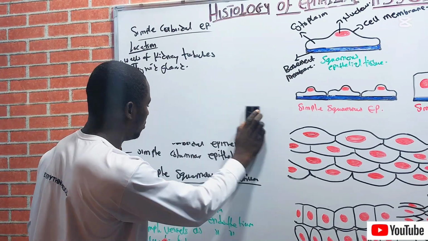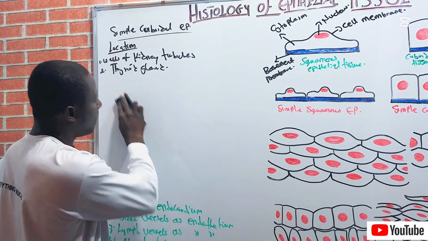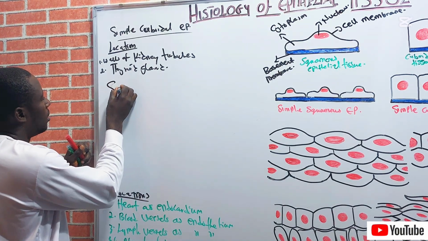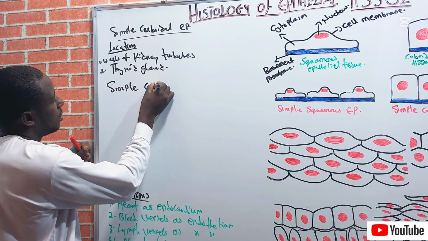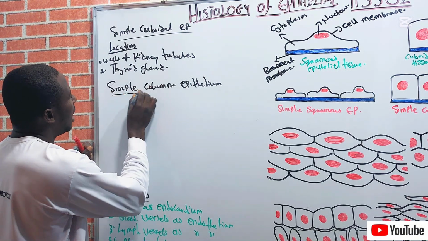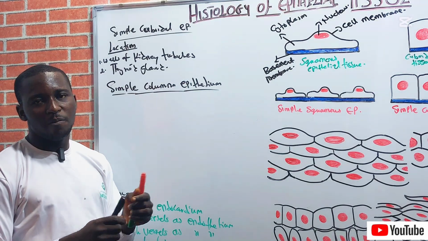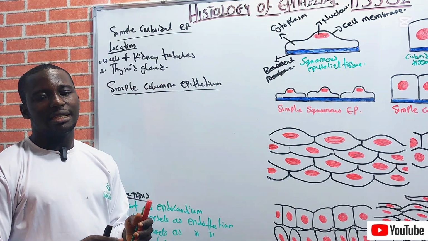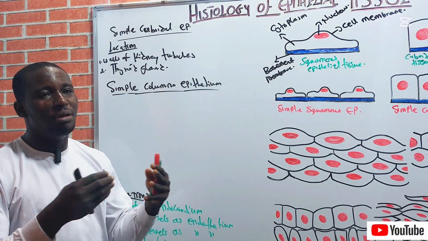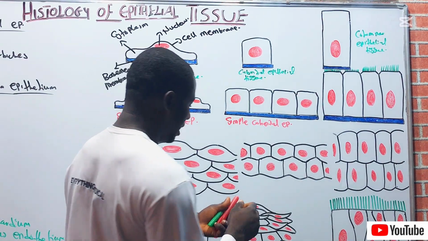Simple columnar epithelium. From the name columnar, you should understand that it's a tall cell. So simple columnar epithelium is a type of epithelium that has a single layer of tall and thin cells that lie on the basement membrane.